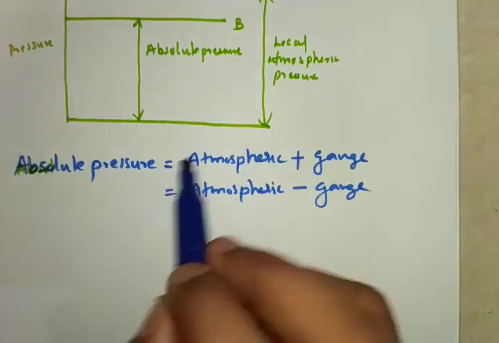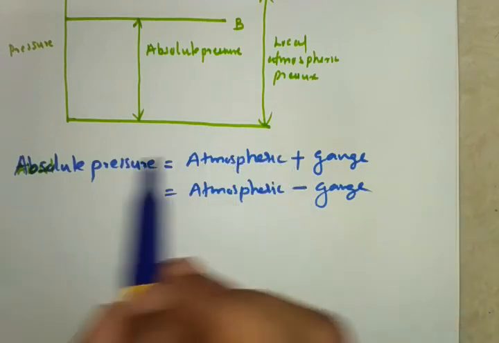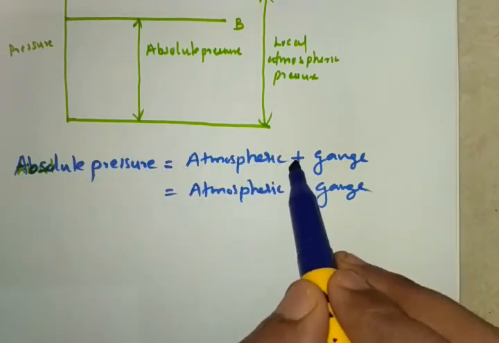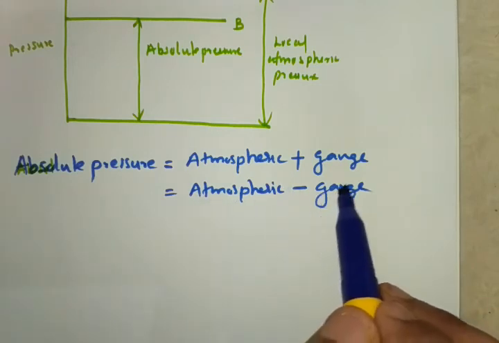If the value is greater than atmospheric, then the absolute pressure is atmospheric plus gauge, or if it is less than atmospheric, the gauge is negative.